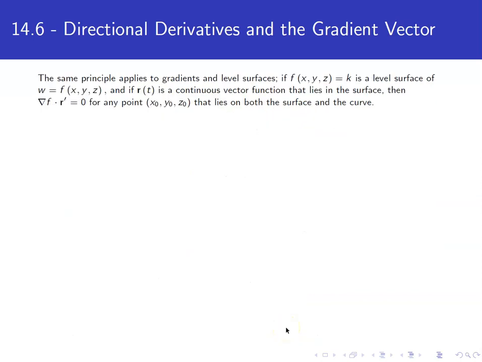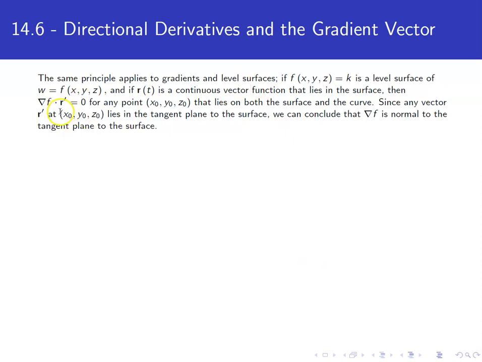The same principle applies for level surfaces. If we have a level surface, and we have a continuous vector function on the surface, then the gradient dotted with the derivative is 0 for any point that lies on both the surface and the curve.